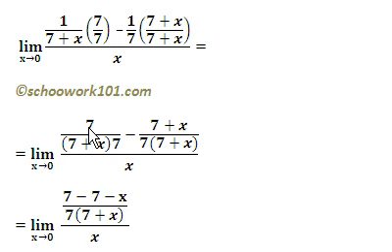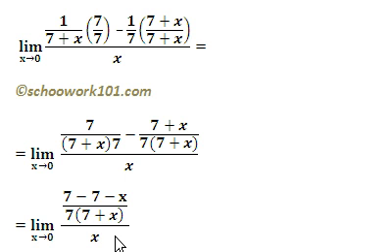So now I'm going to add the numerators, so this becomes 7 minus. Now what I do here is I go ahead and distribute this negative across. So that's the reason there's a negative x here. So we have 7 minus (7 plus) x. And of course it's over the denominator.